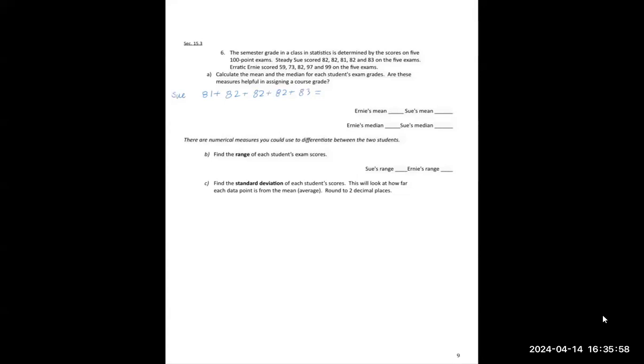I got 410. Because we're trying to find the average, you add all the numbers together and then divide by the number of numbers. I'm adding 5 numbers, so I'm going to divide by 5.